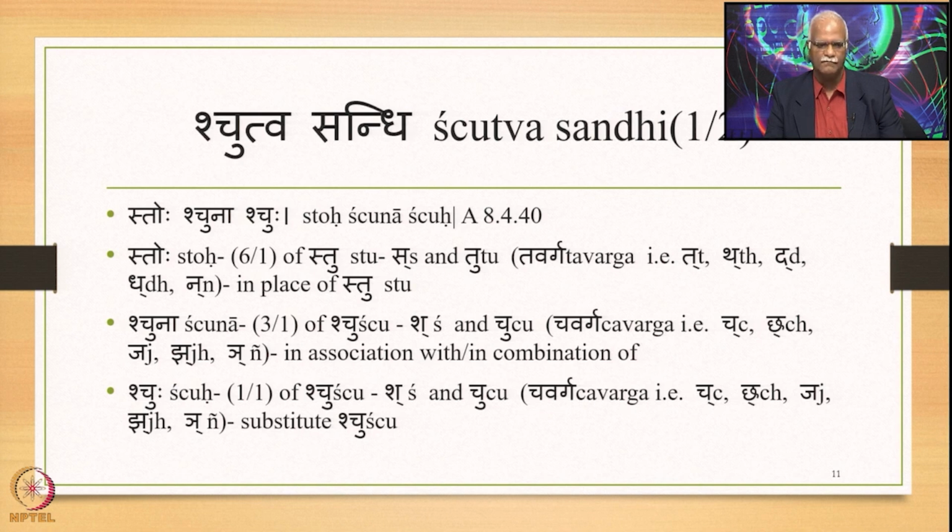And once again we have shchuhu, 1/1 of shchu made up of sh and chu. Chu means chavarga, once again ch, chh, j, jh and y. This means the substitute shchu.